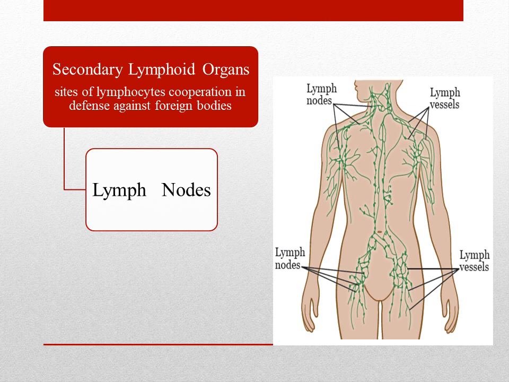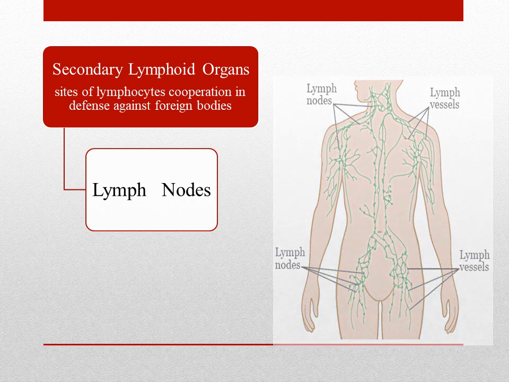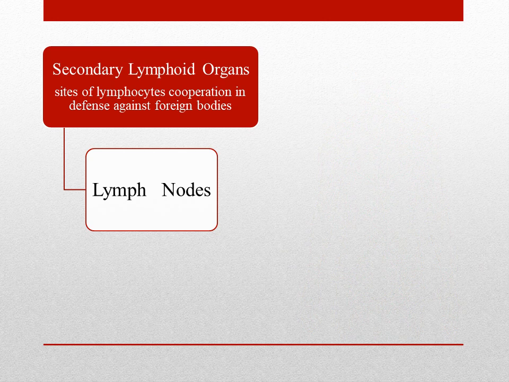Lymph is a liquid which is important in immunity since it captures bacteria and brings them back to lymph nodes where there are many B and T cells. So these B and T cells will kill the bacteria brought back to the lymph nodes by lymph.